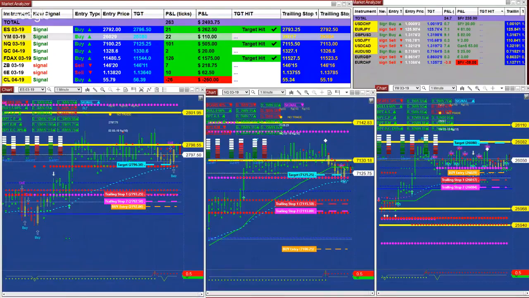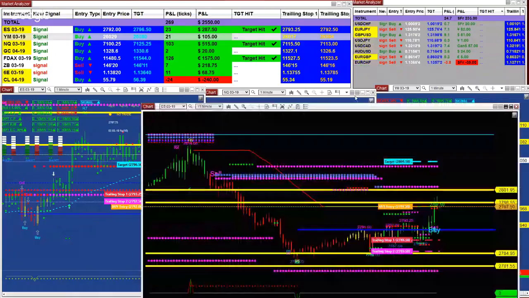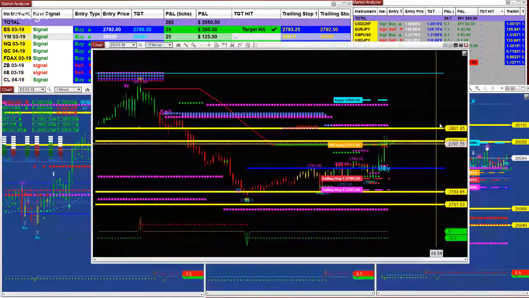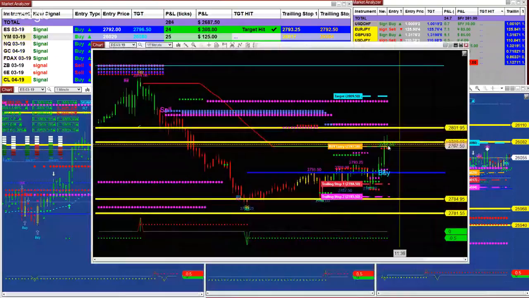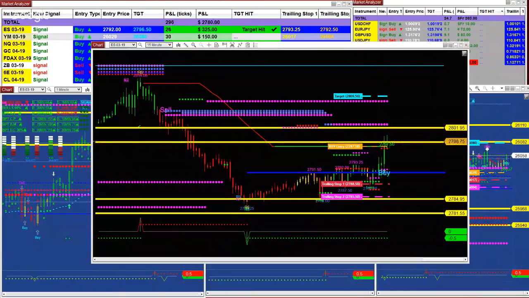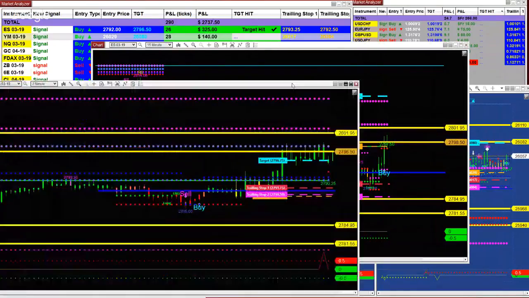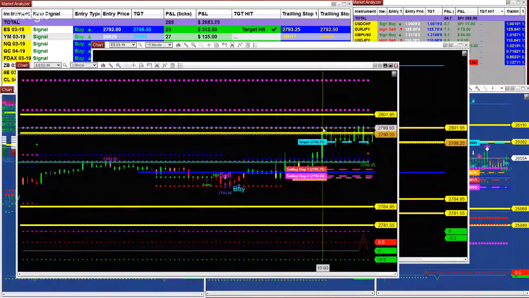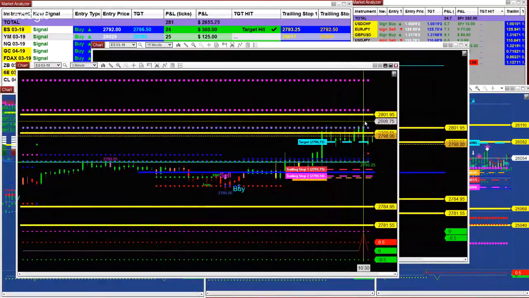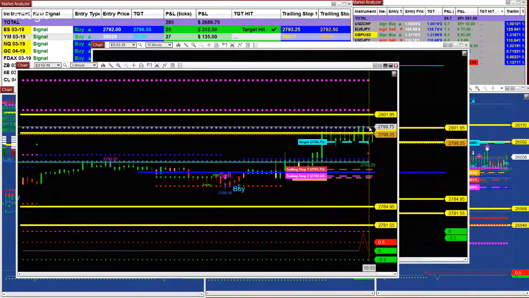Then if we look again at the 15 minutes, we are still flirting with the same number. On the 3 minutes, we have 1 bar, 2, 3, 4, 5, 6, 7, 8, 9, 10, 11, 12 bars that have failed to cross this number.